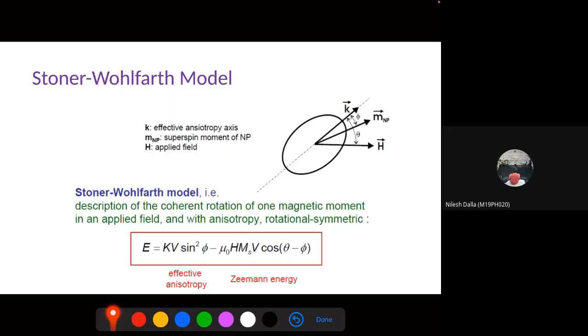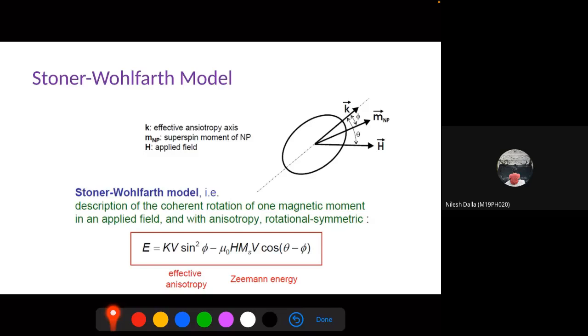So you can take dE by dθ or dφ equal to 0, and then calculate. By analytic calculation you can find the minimum energy configuration in this situation. You have K and H, which are basically two vectors, and the magnetization.